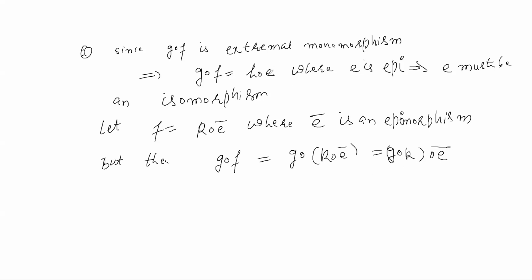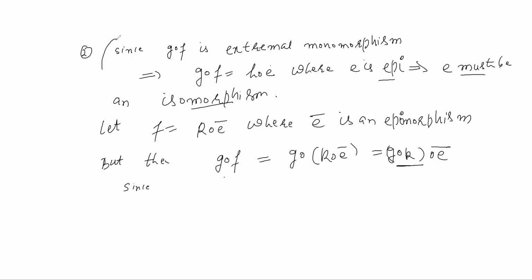It is true for every epimorphism: whenever G composition F is H composition E, where E is an epimorphism, then E must be an isomorphism. So here you are getting that G composition F is G composition K composition E bar, and E bar is an epimorphism.